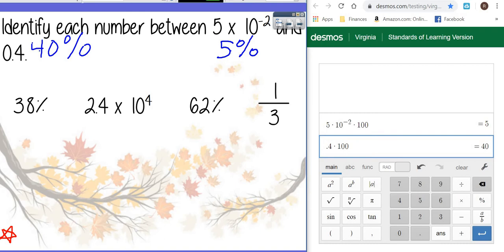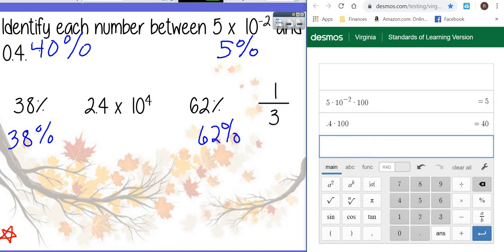Well, 38% is already written in percent form, and 62% is already written in percent form. So let's go ahead and convert the other two. Let's take 2.4 times 10 raised to the 4th power, and multiply that by 100, and we get a huge number.